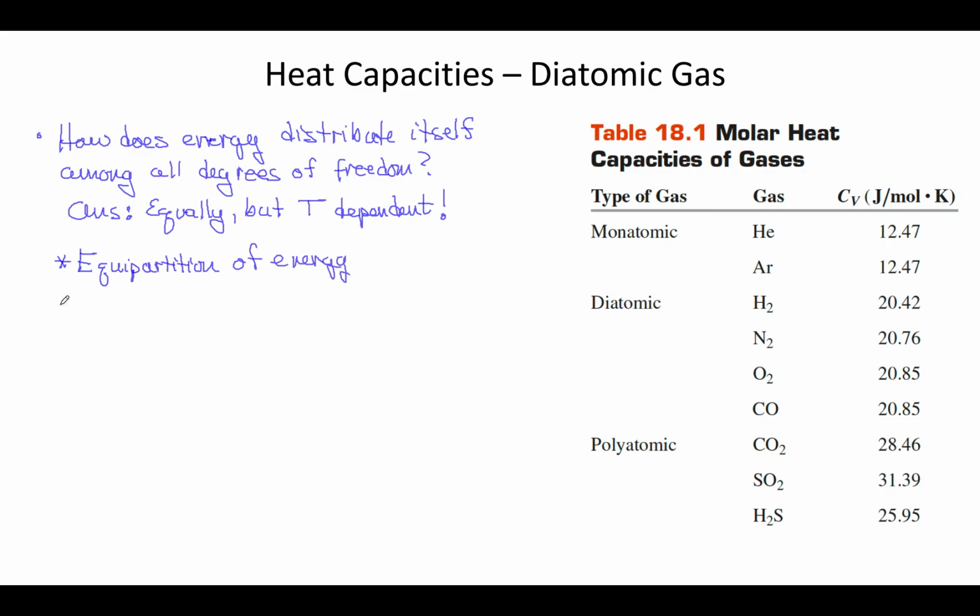And that basically just says, for every molecule or atom of a gas, 1/2 Boltzmann's constant times the absolute temperature, 1/2 kT, of energy will be associated with each degree of freedom.